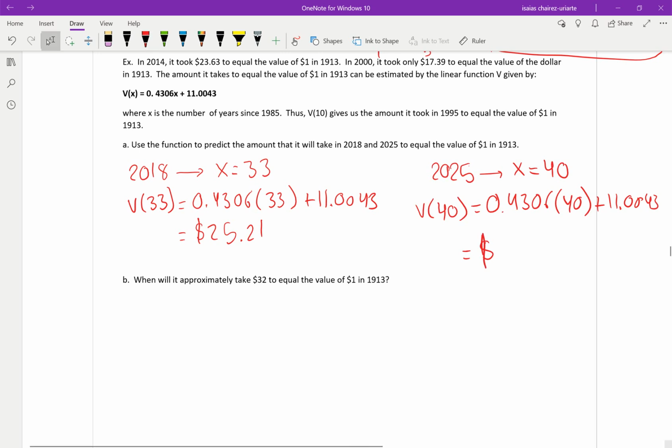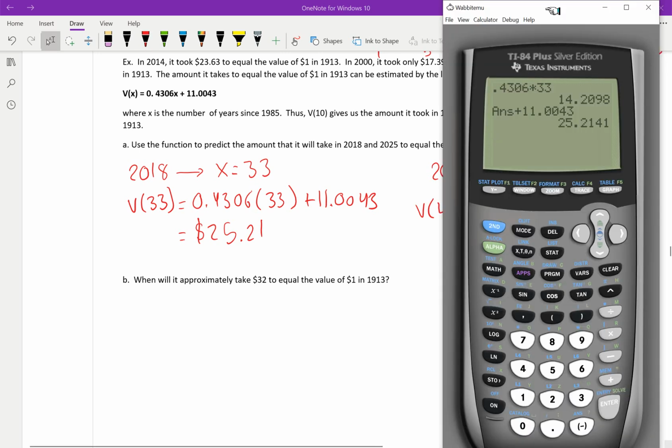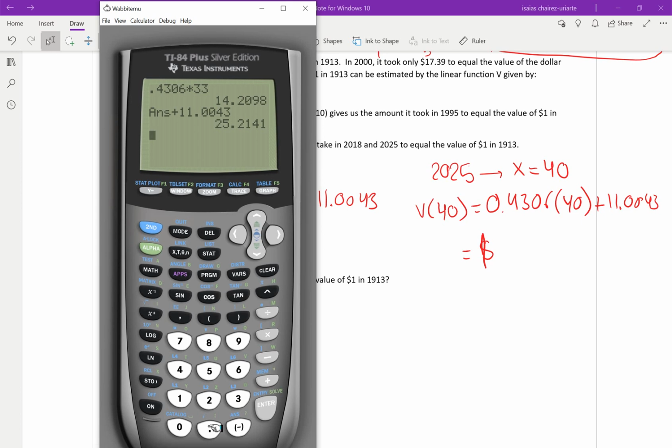On my calculator, so now what we need to do is 0.4306 times 40, enter, plus 11.0043.